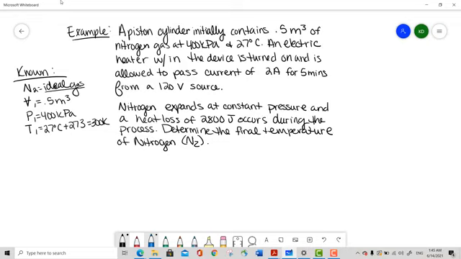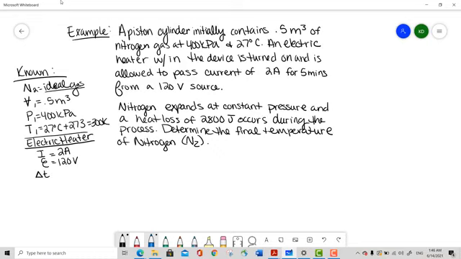And we know that we have an electric heater, and within that electric heater we have a current of 2 amps. We know that our volts is 120. We have a change in time, right?